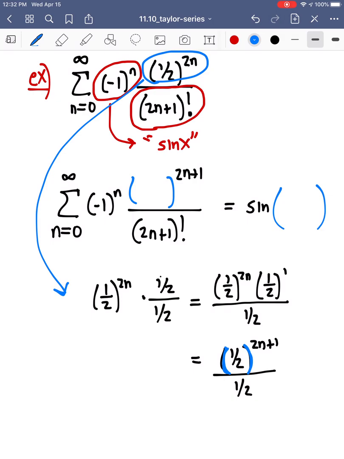So let's take that 1/2 to the 2n plus 1 and put it inside of those blue parentheses. So this looks like a 1/2 to the 2n plus 1, but because of this other factor of 1/2 in the denominator, we also have to multiply by a 1 over 1/2.